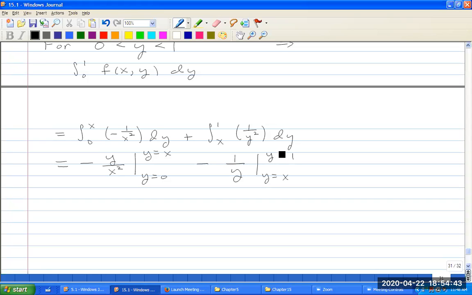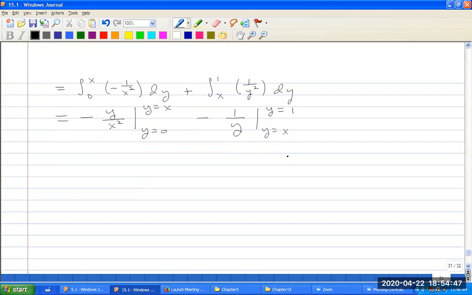Okay. So now let's plug in. So this is equal to x over x squared, so that's a 1 over x. Plug in 0, so you get 0. Minus, plug in 1, you're just going to get a 1. Minus, and a minus make that a plus, 1 over x.